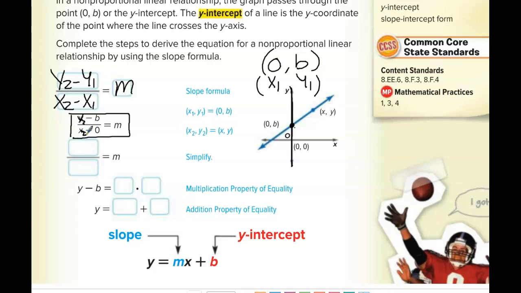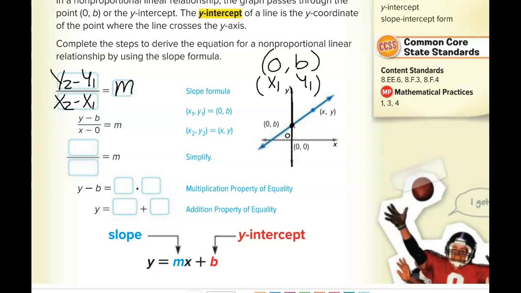Since I only have one x and one y now, they took off that subscript. So that is how they got y minus b over x minus 0 equals m. Okay, so far? Just stay with me, it'll be okay.